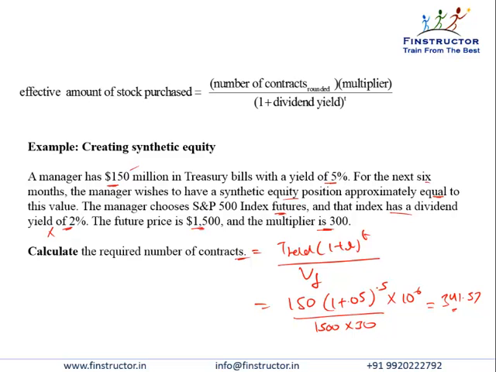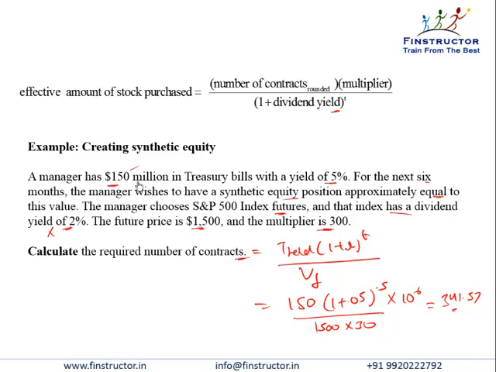As the underlying equity price goes up, the price of the futures will also go up. However, taking a position on the futures will not give us the dividend yield, if any, in the index. So the effective amount of stock purchased would be slightly reduced to the extent of the dividend yield on the index, because we equitized using futures.